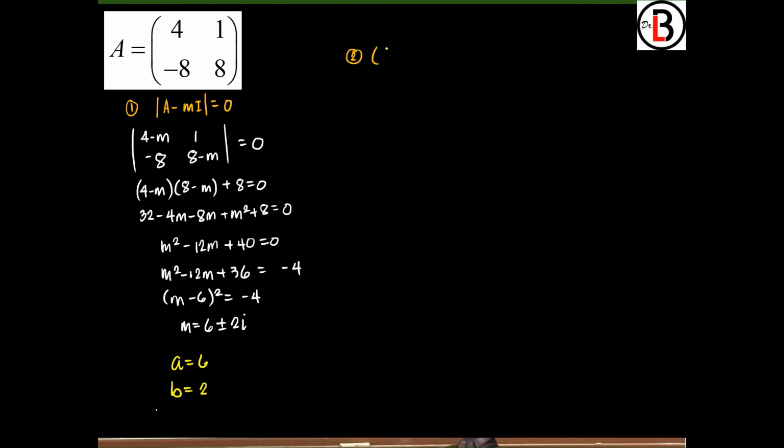Characteristic equation. So A minus mI, since this is a 2 by 2, so it's just multiplied to c1, c2 is equal to 0. So A is 4 minus m, 1, negative 8, 8 minus m.